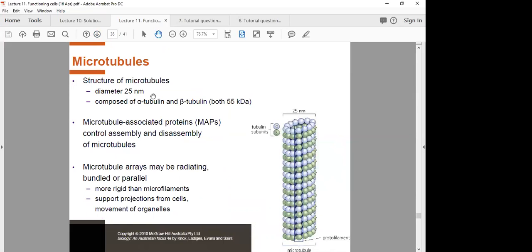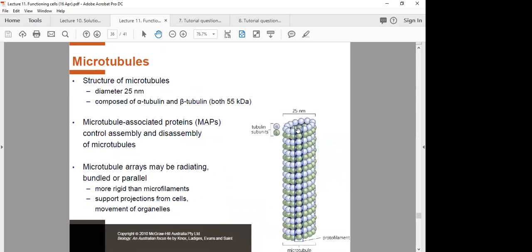Microtubules structure: the diameter of microtubules is 25 nanometers, and microtubules are composed mostly of two different types of protein: alpha tubulin and beta tubulin. We can see that here. So here are the two proteins, alpha and beta.